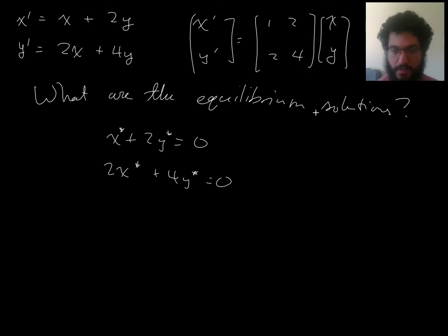But since I'm looking at a singular matrix, there's a redundancy, right? So I don't need all the equations. If I take just one equation, that's sufficient. Let me try to phrase that a little bit better. Since I know this is a singular matrix, it has determinant 0, I know that there's some redundancy in these equations.